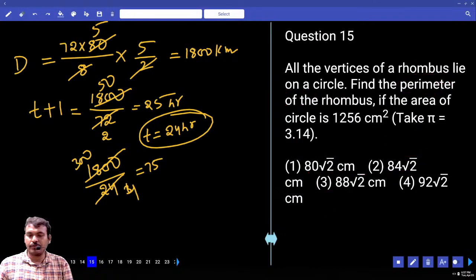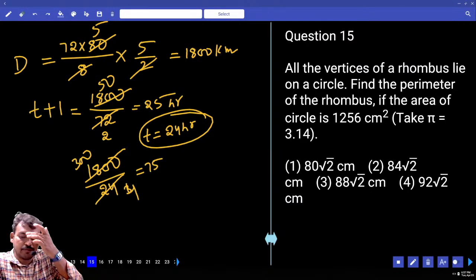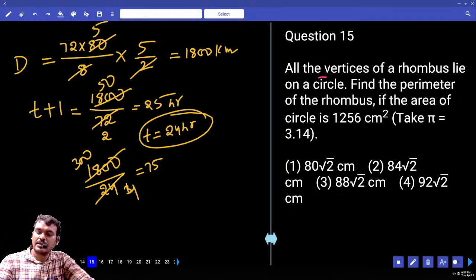Next question number 15. All the vertices of a rhombus lie on a circle. Find the perimeter of the rhombus if the area of the circle is given as 1256 centimeter square. All the vertices of a rhombus lie on a which one? Circle. Means it is considered square or rectangle?